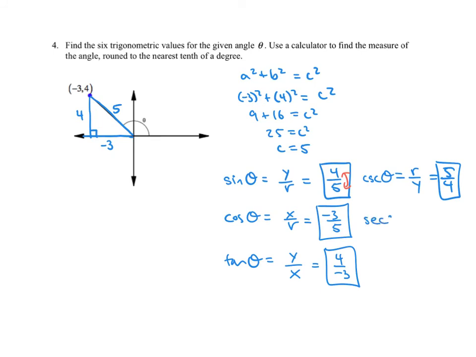Secant theta is the reciprocal of cosine, so I could flip this fraction and get r over x, which is -5 over 3. And cotangent theta is the reciprocal of tangent theta, or x over y, which would be -3/4.